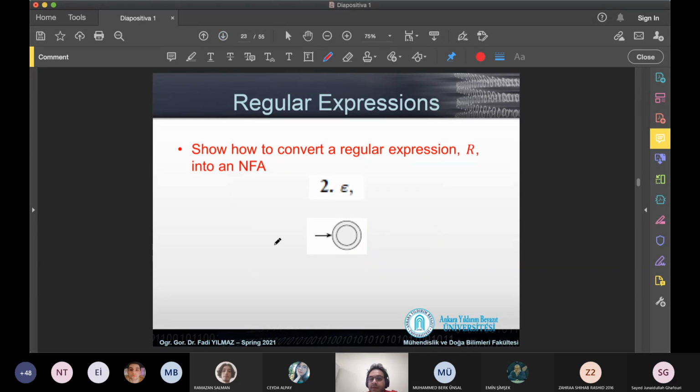And the second one is the empty string. I think you see the difference between the empty string and the empty set more clearly now. For the empty string, we accept the empty string. If there's nothing to read, then we accept it. You see that, guys? The start state and accept state are the same, and there is nothing to read to accept.